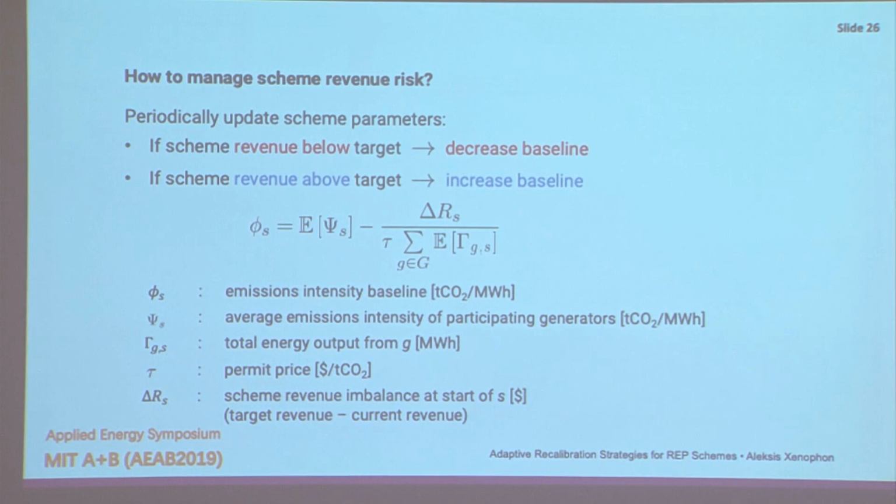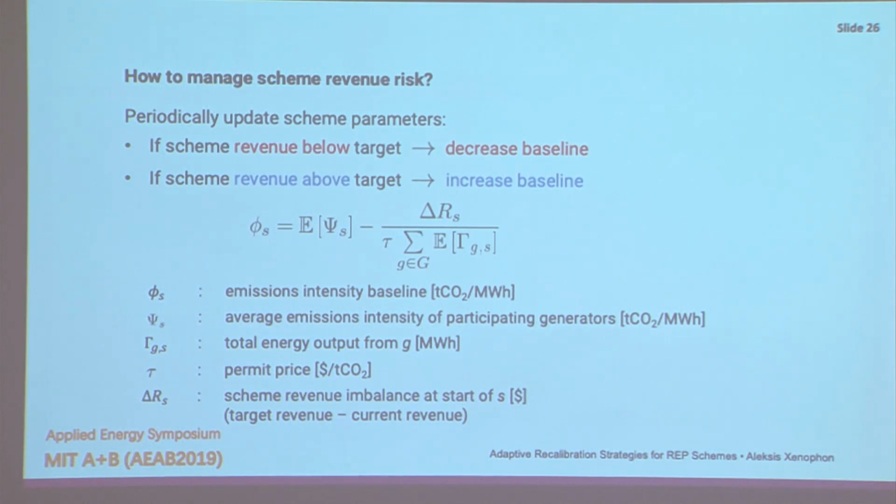So I just want to give you the intuition of it though, and basically what it's saying is that for a given calibration interval S, so a calibration interval here I'm defining as the period of time over which these parameters are fixed. Okay, so this is a policy decision. This could be 1 day, 1 week, 1 month. We want to set the baseline such that we anchor it to the expected average emissions intensity of the system over the calibration interval.